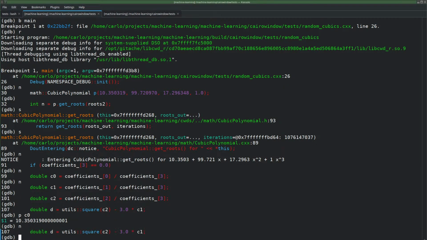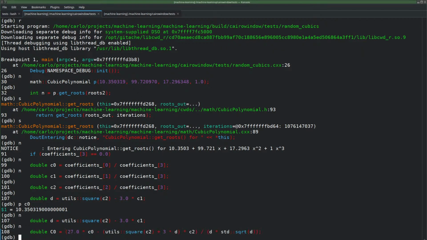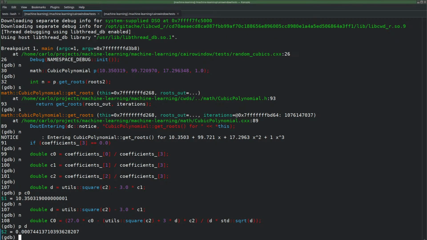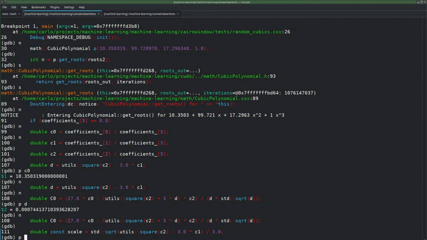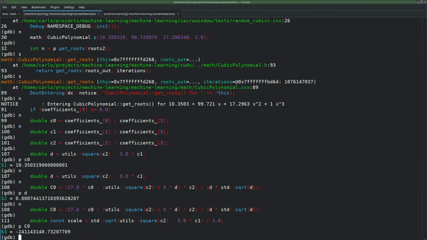And then we calculate a D value, which is some value, and a C0 value, which is, I guess, also a non-zero value. Pretty big one. Why so big?